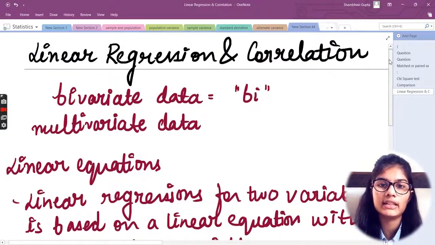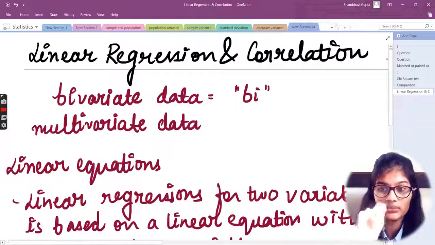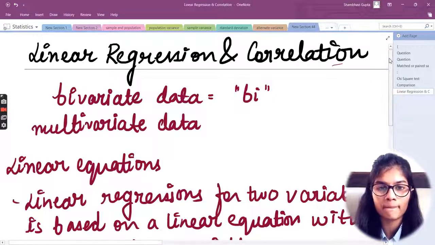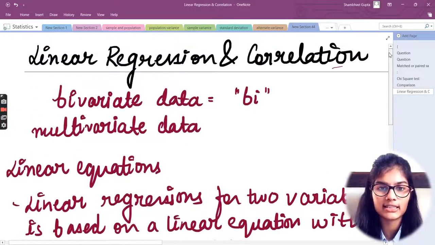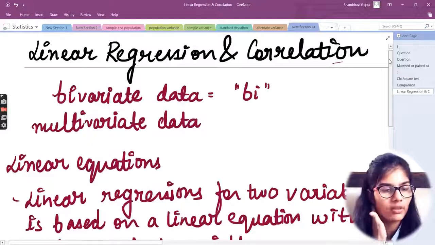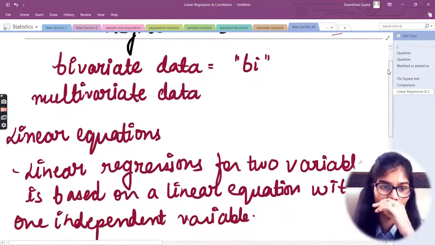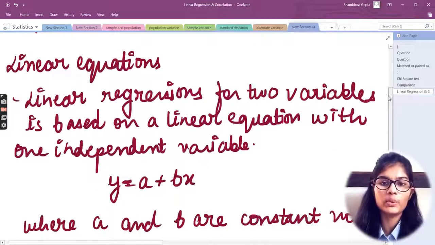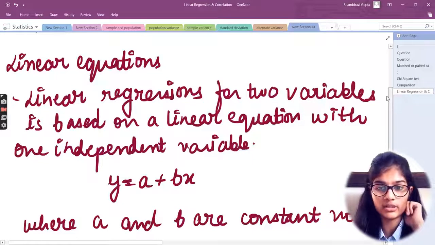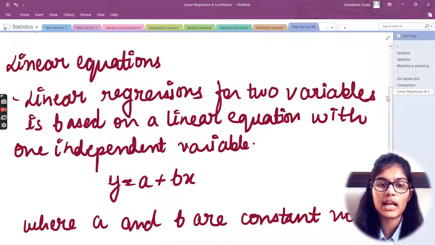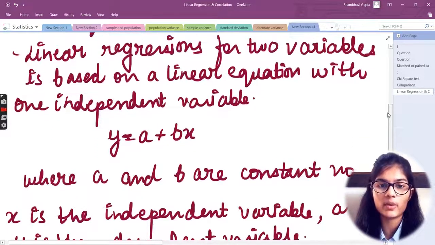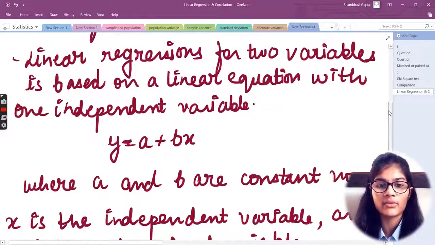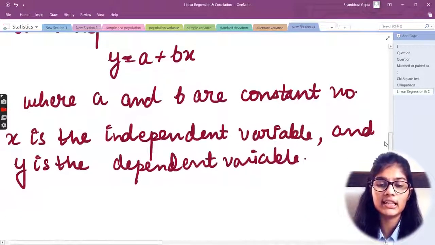When we talk about linear regression or correlation, two terms come. The first one is bivariate data, that is bi, and the second one is multivariate data, that's basically for multiple variables. Now when we talk about linear equations, the linear regression for two variables is based upon a linear equation, which shall have one independent variable, y is equal to a plus bx, where a and b are the constant numbers.